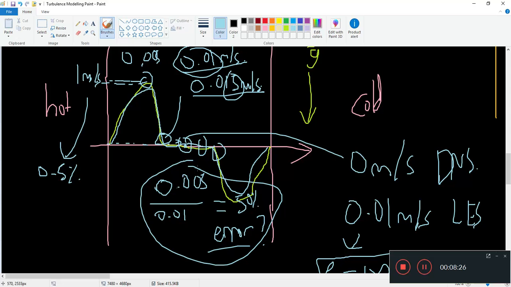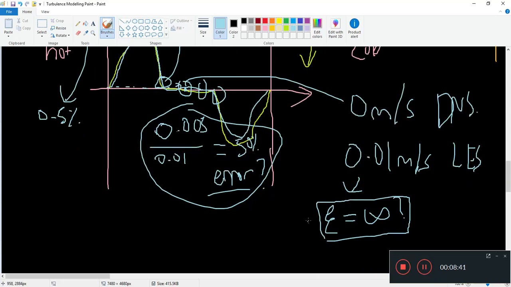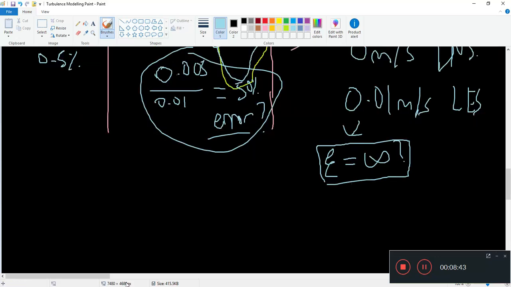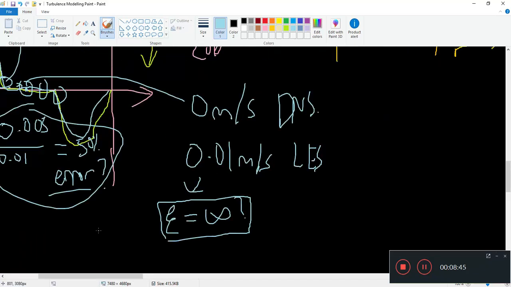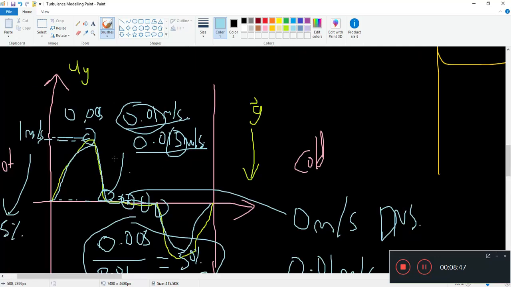You just want a rough velocity profile, and you want your values near the wall to be more or less close to what it should be. I would say not so much. I don't think this way of measuring error is really representative of how accurate or inaccurate this LES simulation is.